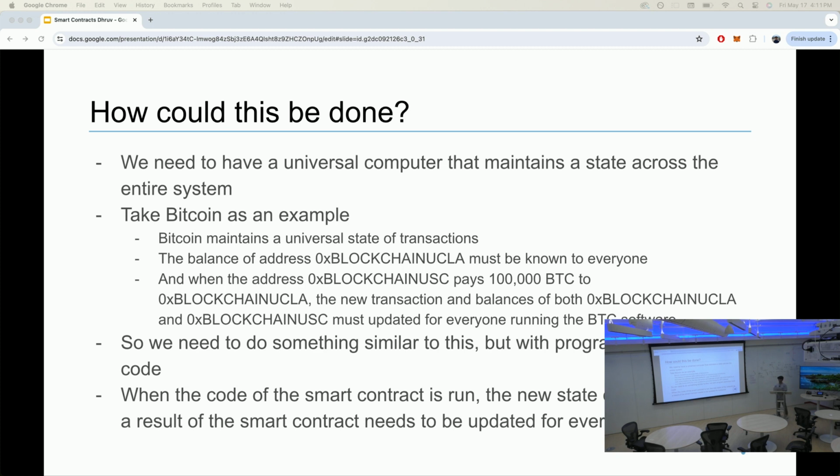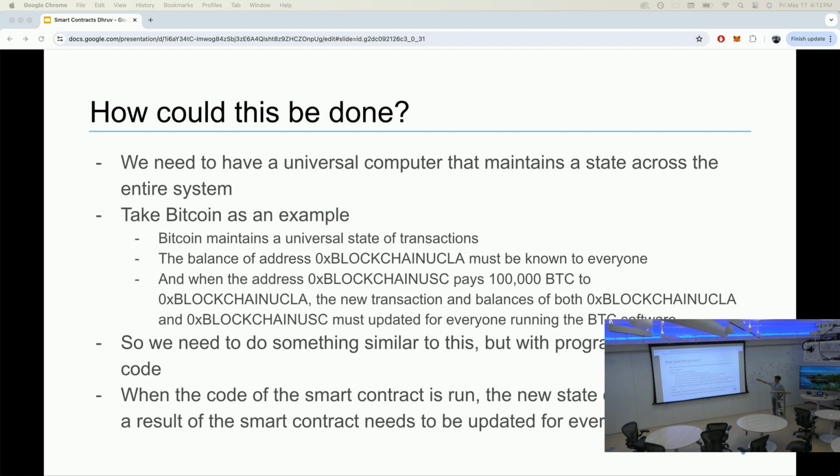If you take something like Bitcoin as an example, what Bitcoin does is maintain a universal state of transactions, right? It's a little bit different than what we're talking about with maintaining a universal state of programs being run and execution in that way. But it's kind of similar, and it can be a good point to start with to think of how you make an entire system with smart contracts.